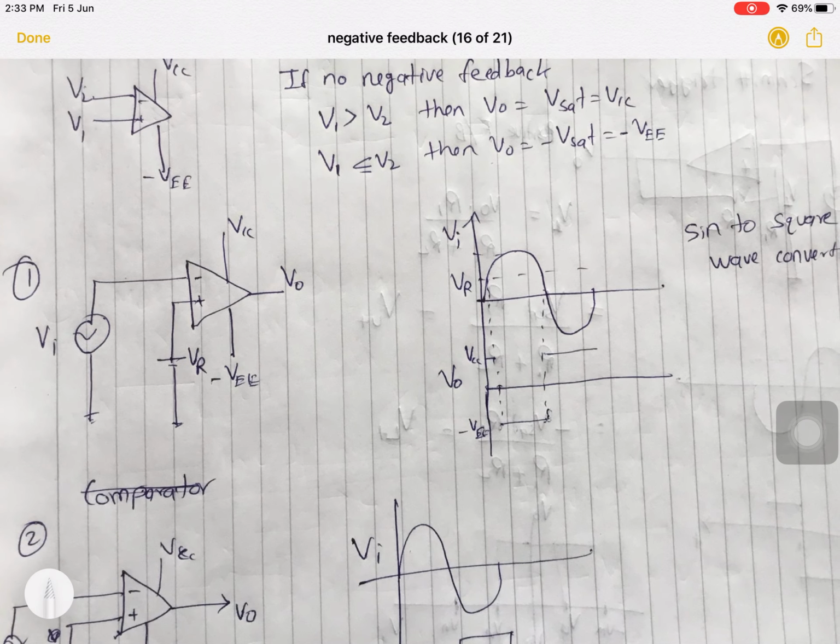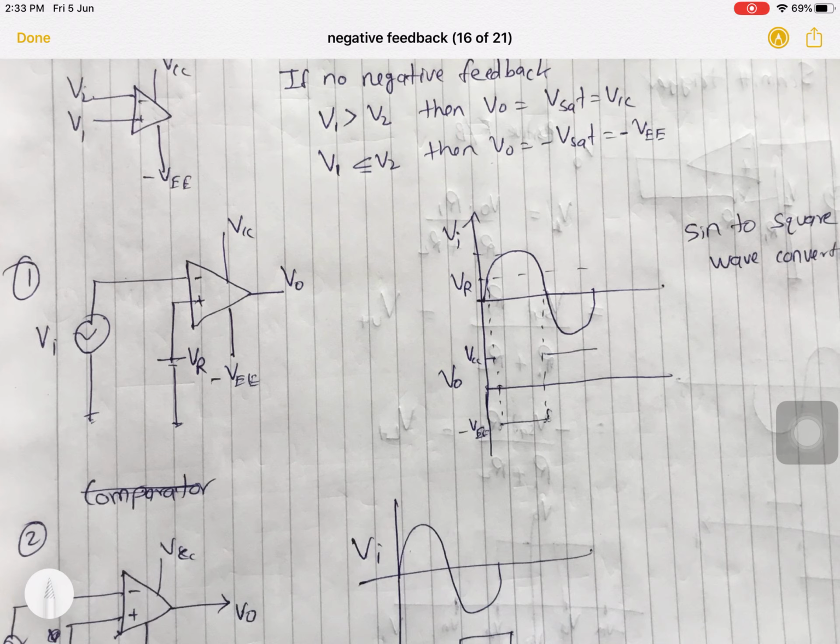So effectively, with the reference of VR voltage, we are generating a sine to square wave. The magnitude of VR will decide the on cycle of the generated square wave. If I replace VR by ground, then the on cycle of the generated square wave will be 1/2.